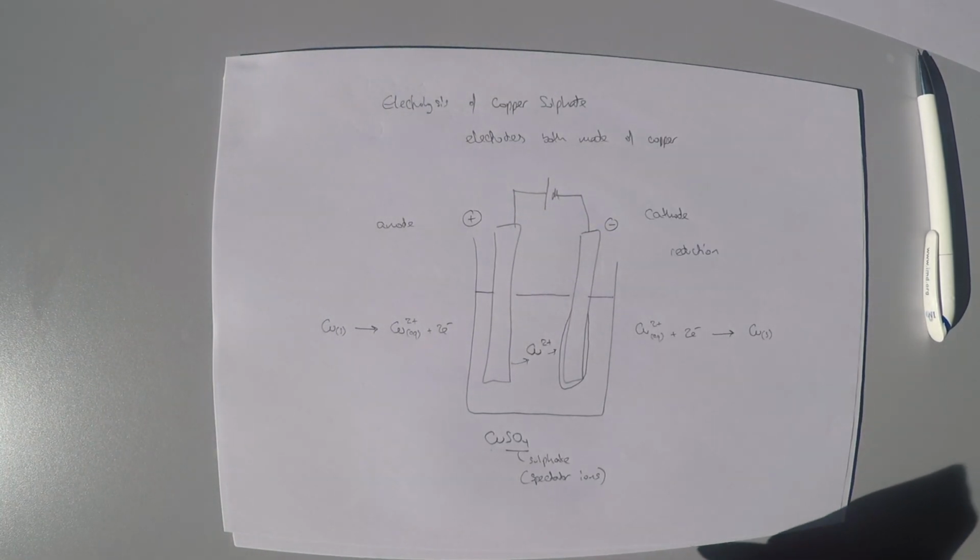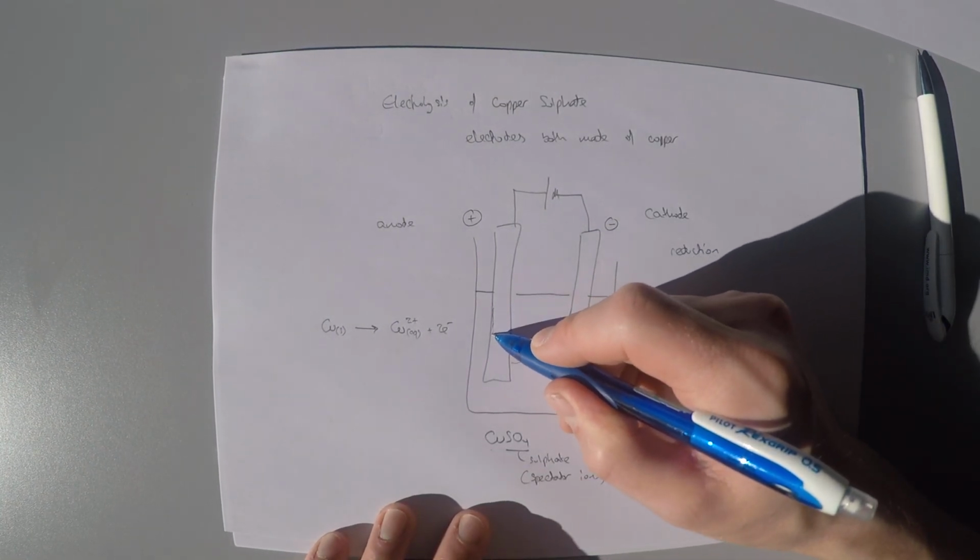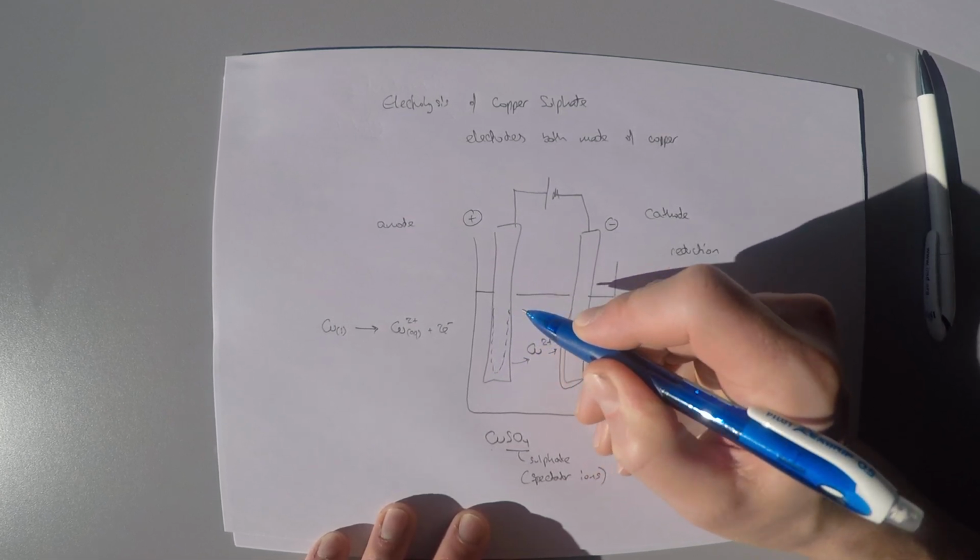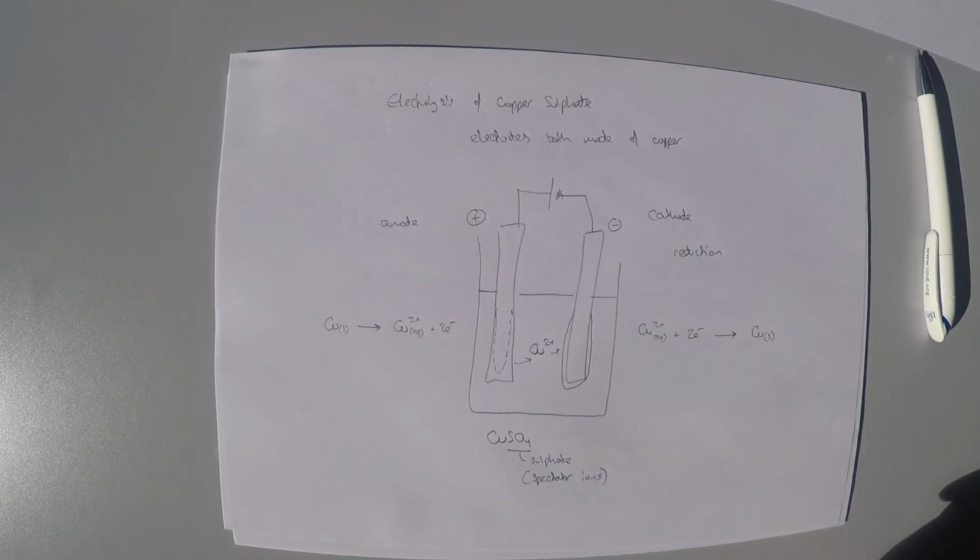So the copper anode will gradually disappear, as the metal atoms are turned into ions in the solution, and then those ions are reduced on the other side and are deposited onto the cathode.